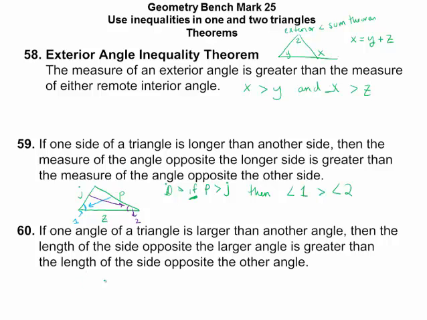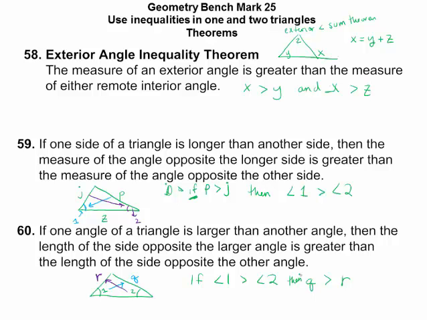Okay, then it goes the opposite way too. So if I have a triangle here, and I call this angle 1 and this angle 2, if angle 1 is bigger than angle 2, angle 1 is across from side Q, and angle 2 is across from side R. We'll just say if angle 1 is bigger, then that means Q is going to be longer than R. So the way it works out is the biggest side is across from the biggest angle.